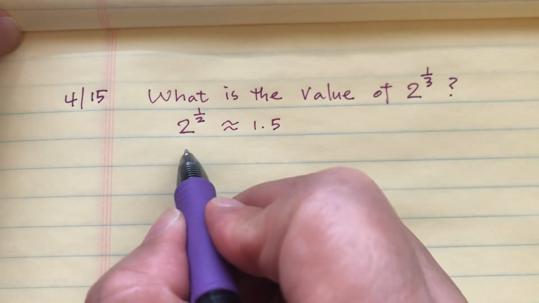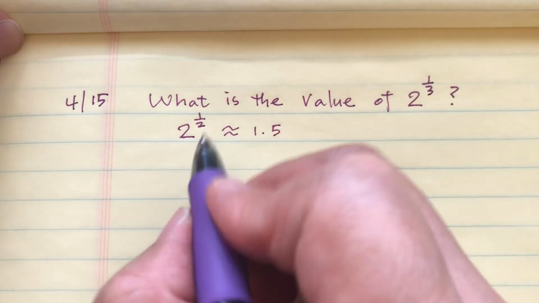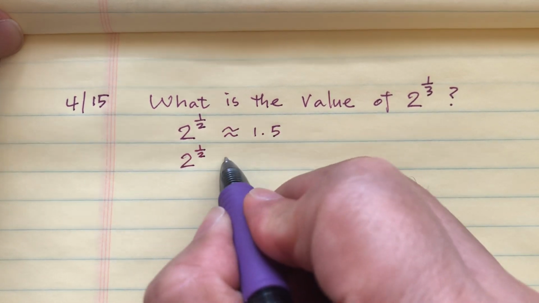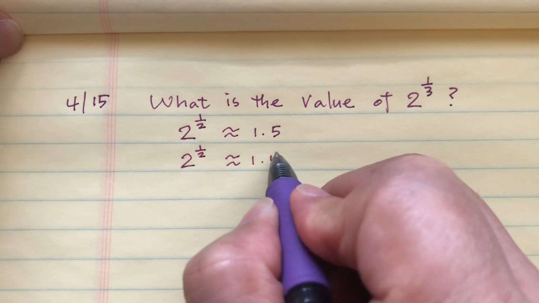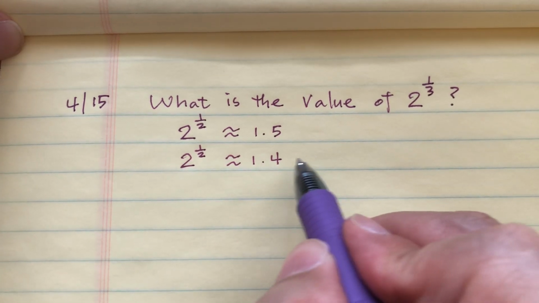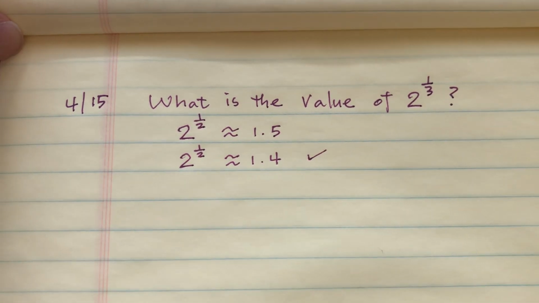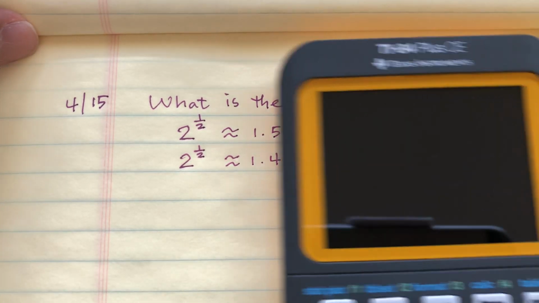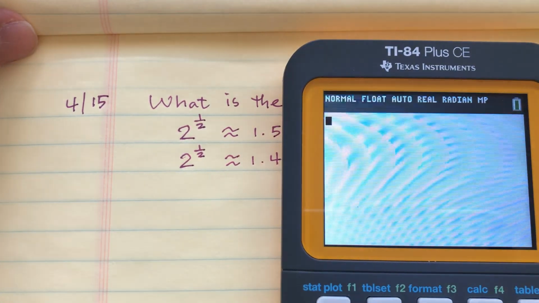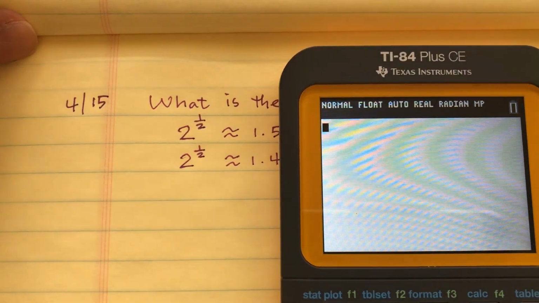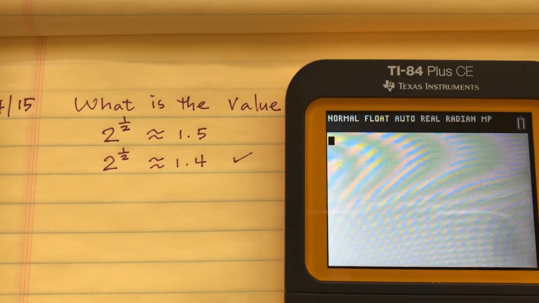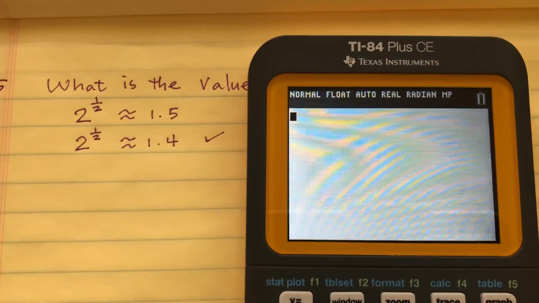Then it turned out from the calculator, the graphing, that it's close to actually 1/4, so this is a better estimation. So let's look at the calculator. I'm going to bring a calculator in.